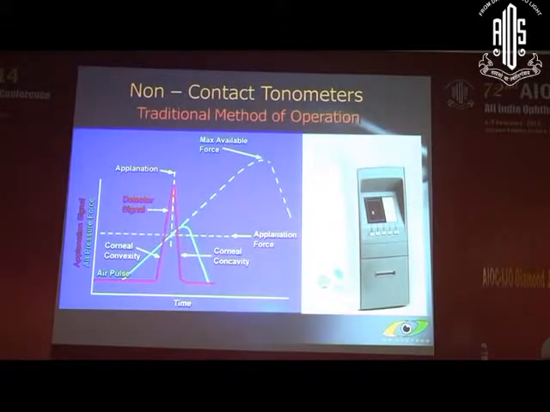So if you look at a non-contact tonometer, if you look at the air pulse, as it hits the cornea and goes up in intensity very rapidly, you find that at one point it produces an applanation, and that's where the detector signal peaks. And thereafter, of course, the cornea becomes concave, but the machine shuts off. And so you've got this applanation tonometry, and that's the pressure of the eye, which is the air pressure force at that point of time.